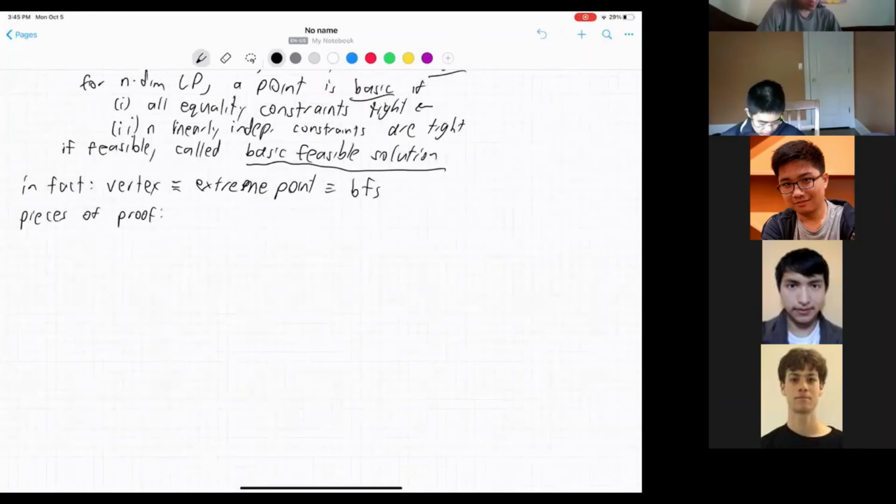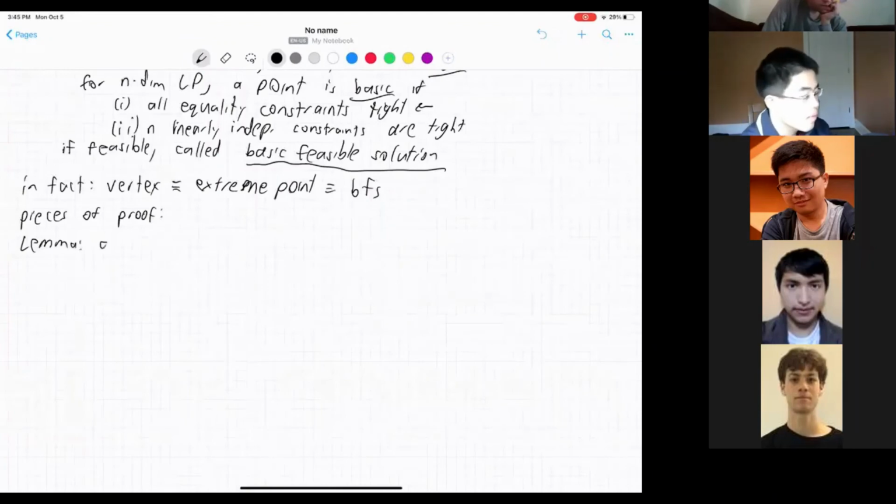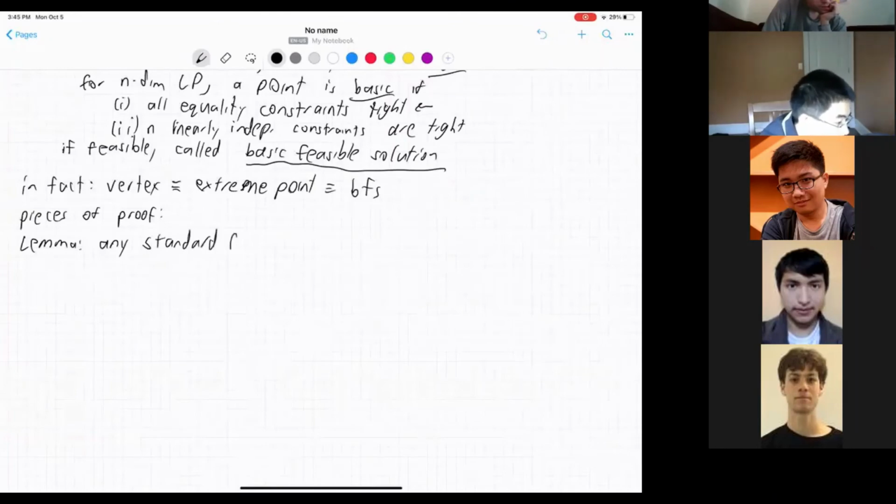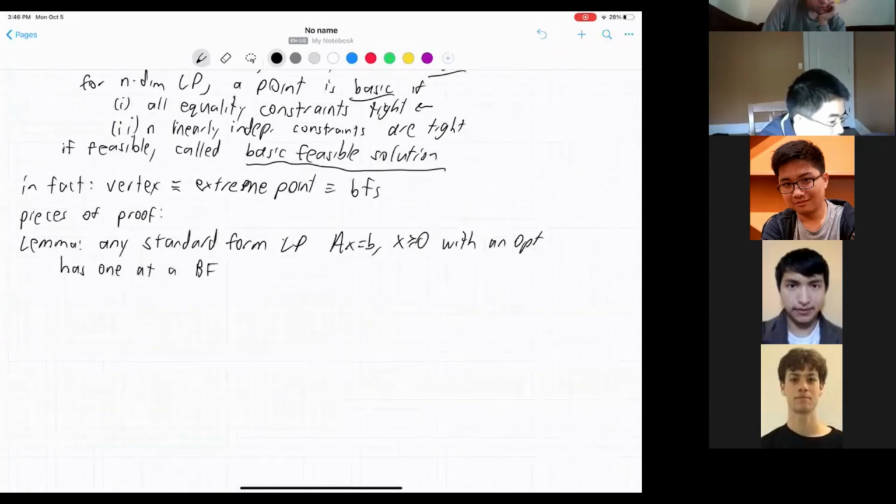So first of all, let me prove what seems like a separate lemma, but will actually tie back to this claim. The lemma is that any standard form LP, which are the ones that are written as AX equals B and X greater than or equal to 0, that has an optimum, has one at a basic feasible solution.